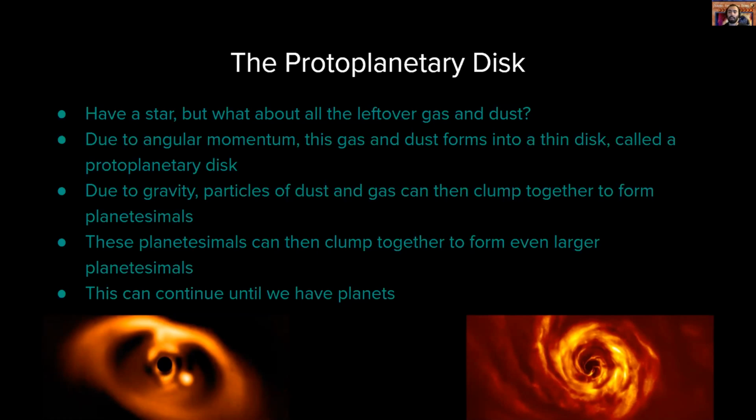Those planetesimals can clump together to form larger planetesimals, and that process continues until we have planets. On the bottom of the slide, you can see two pictures from different exoplanet star systems that are in the process of being made. At the center of the image would be the star, but it's been blacked out because otherwise it would be way too bright and you wouldn't see any of the detail.